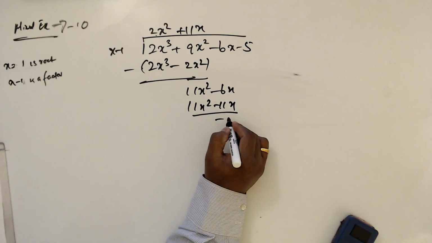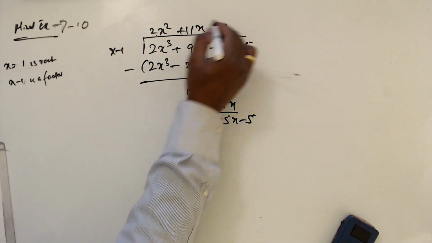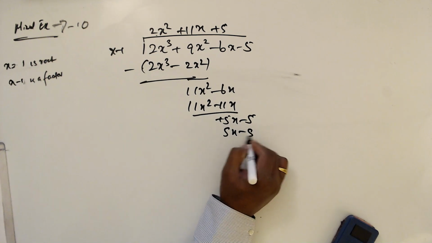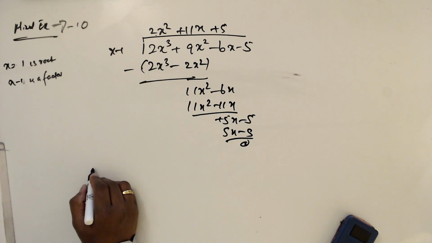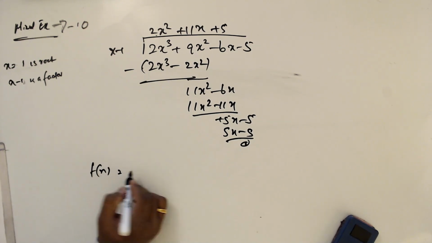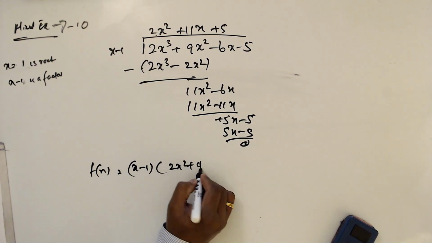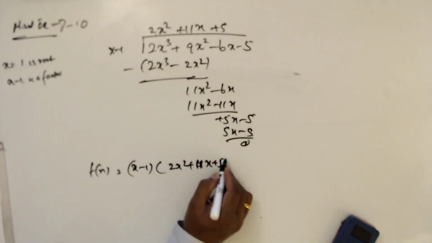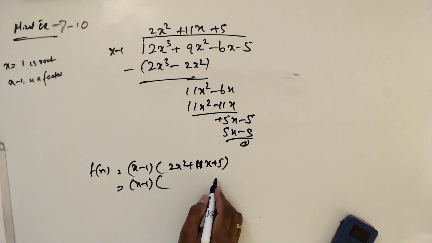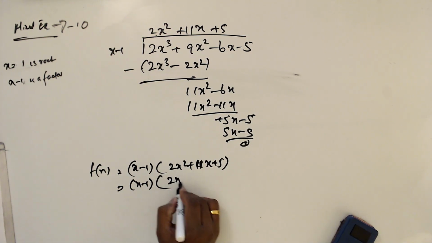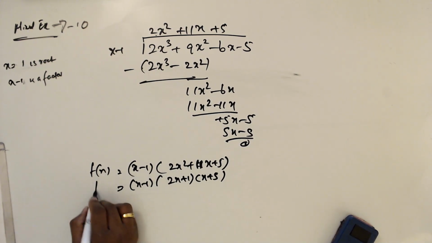This is going to be plus 5x minus 5, and this is going to be plus 5. And 5x minus 5 equals 0. So f(x) equals x minus 1 times 2x squared plus 11x plus 5, and x minus 1 times, we have to factorize this, and this is going to be 2x plus 1 and x plus 5, and now we have fully factorized f(x).